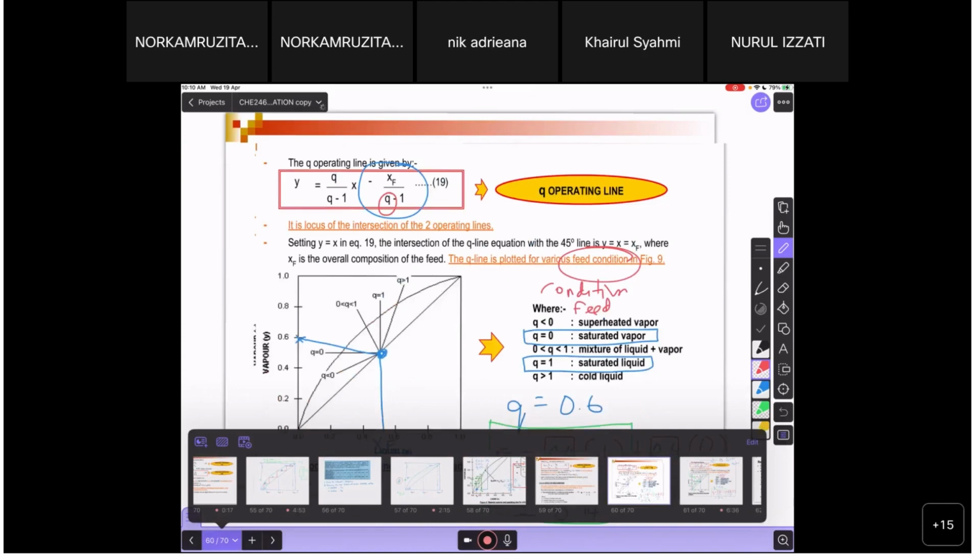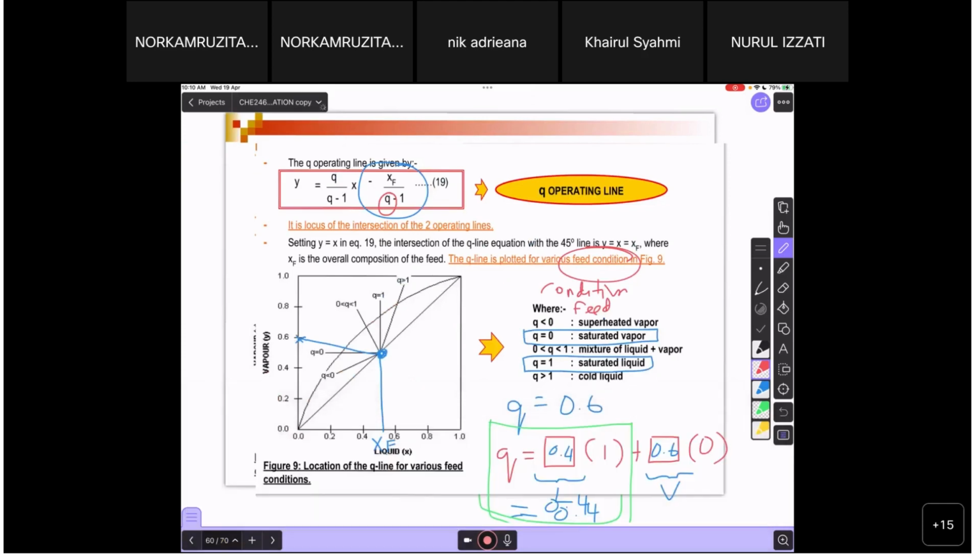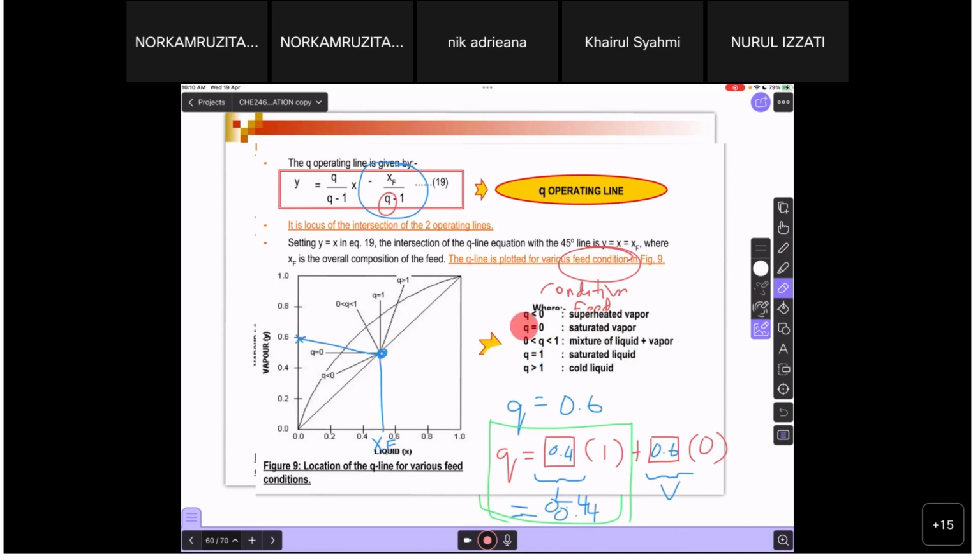You get your Q from here. Whatever is given in this part is called the condition of the feed.